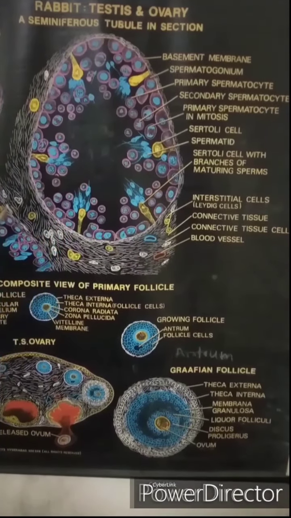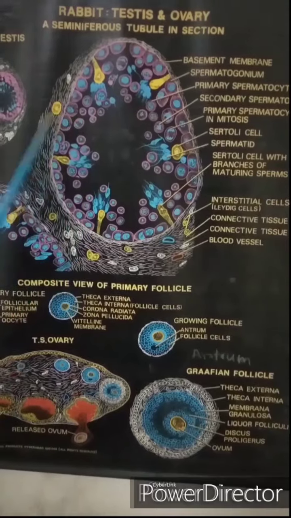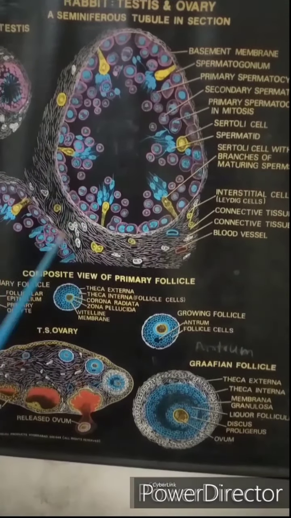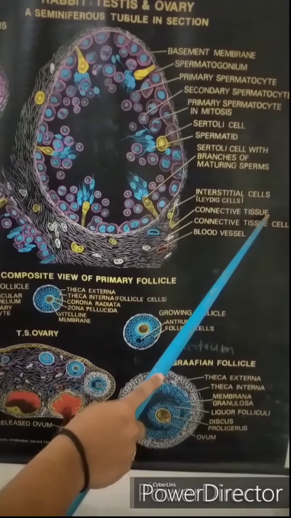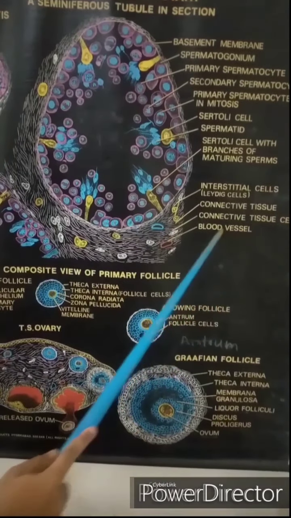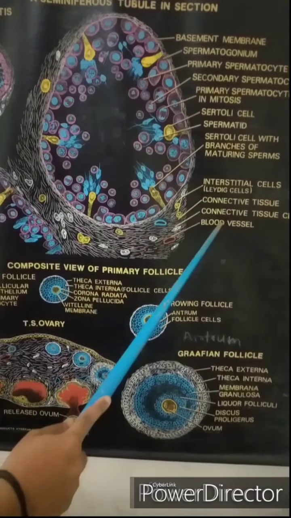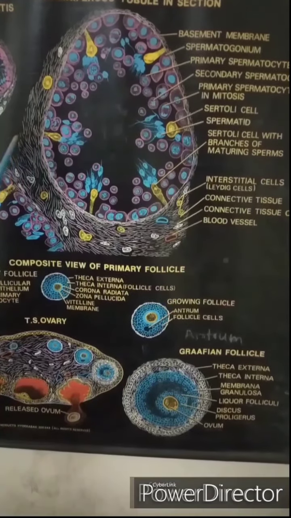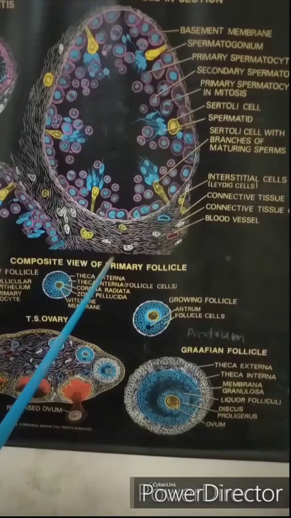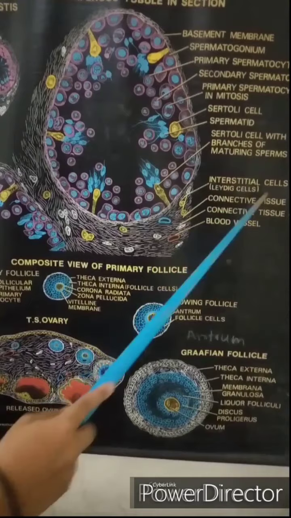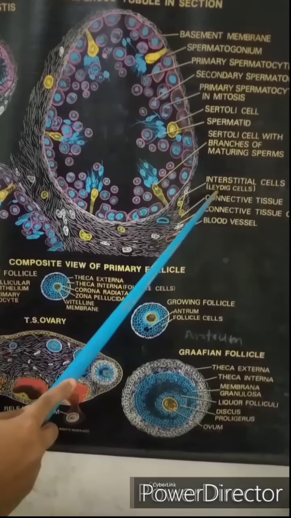The space between the seminiferous tubules is filled with connective tissue with numerous blood vessels. See here, blood vessels. This space encloses a group of endocrine cells known as the interstitial cells or the Leydig cells.